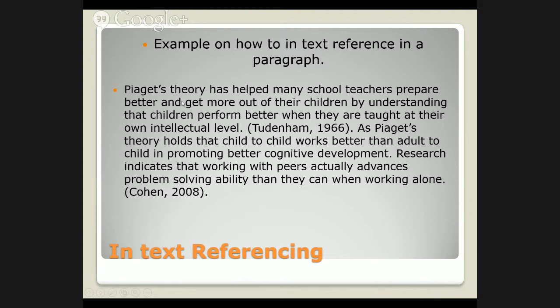So if your whole paragraph is just one author, then you can put one in-text reference at the end just with that author. So Cohen, if Cohen said all of these things, then you can just have one in-text reference at the end. But if you're using multiple authors, you would need to show what each author said. So Tudenham said this, so I need to in-text reference. Cohen said this, so I need to in-text reference.